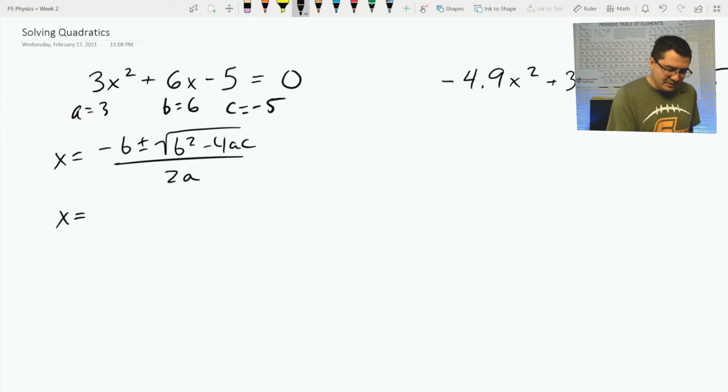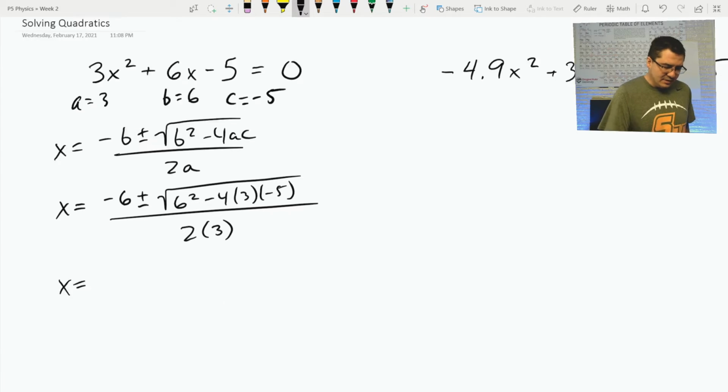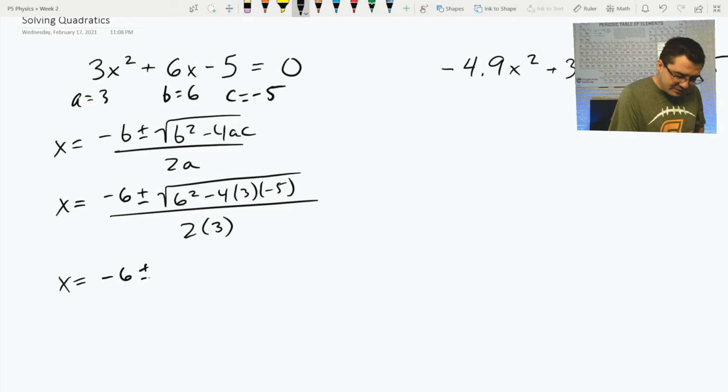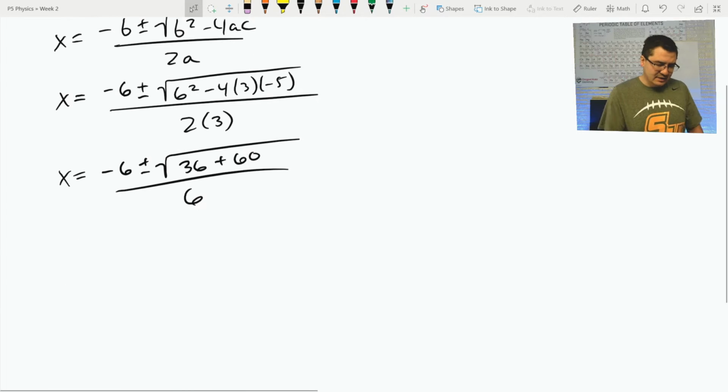I get x equals -6. Sorry, my b's and 6's look similar. -6 plus or minus the square root of 6 squared minus 4 times 3 times -5, all over 2 times 3. I just plugged in a, b, and c. All right, I get -6 plus or minus the square root of 36, and then plus 12 times 5, that's 60, all over 6.